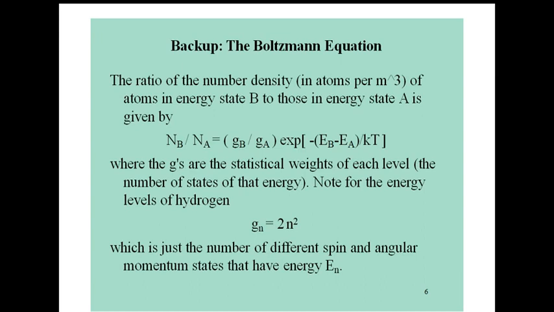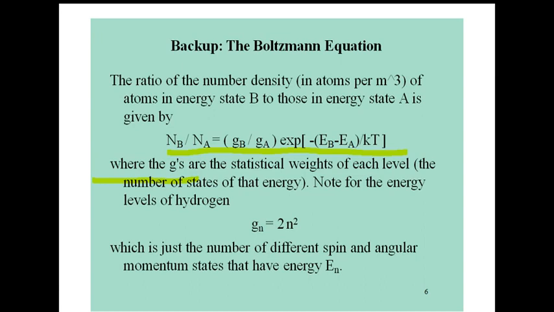In this expression the g's are the statistical weight of each level, the number of states of that energy, and for hydrogen levels you can write gn is 2n^2, which is just the number of different spins, 2 I have taken, spin up and spin down, and the number of different spin and angular momentum states.